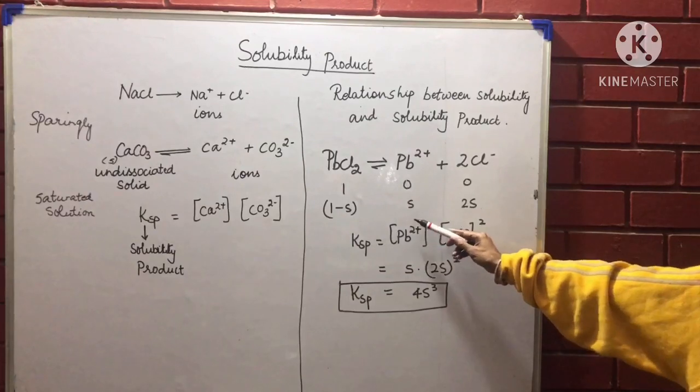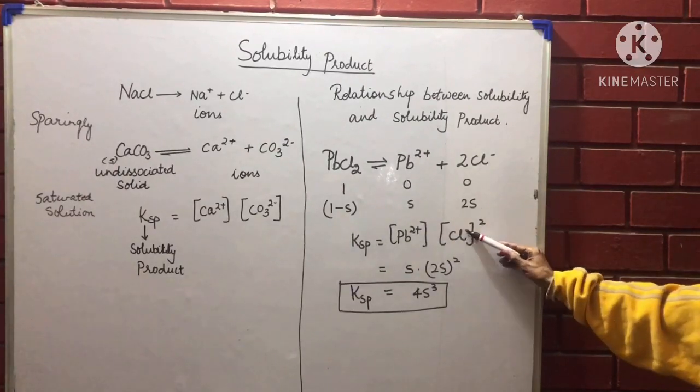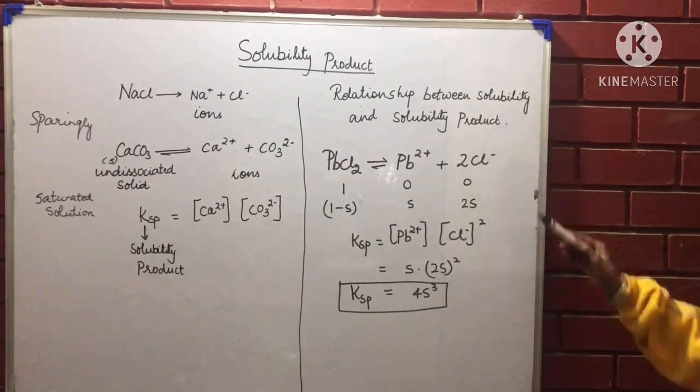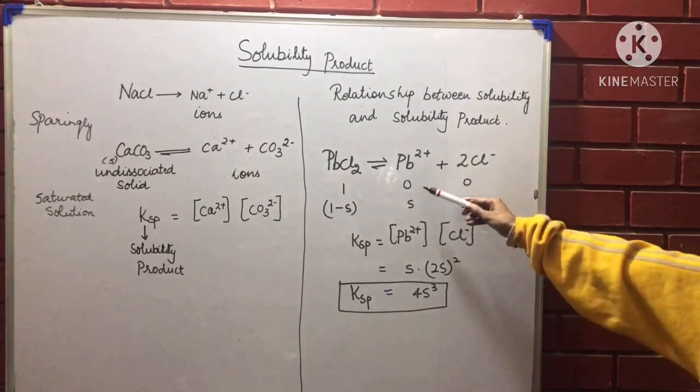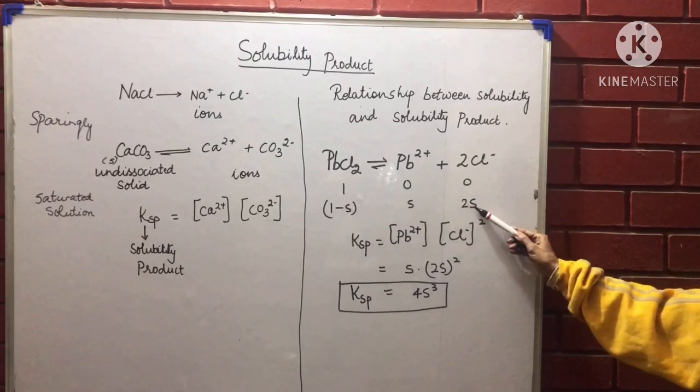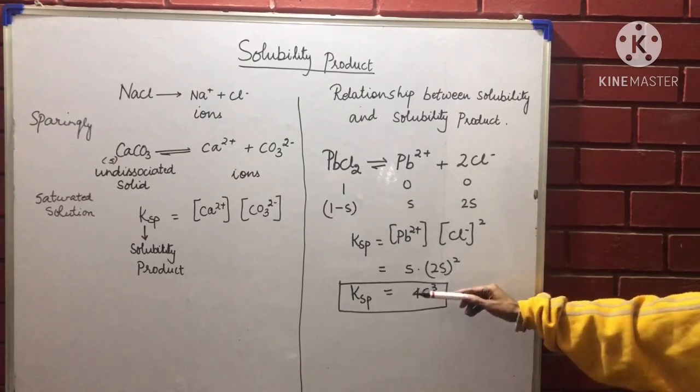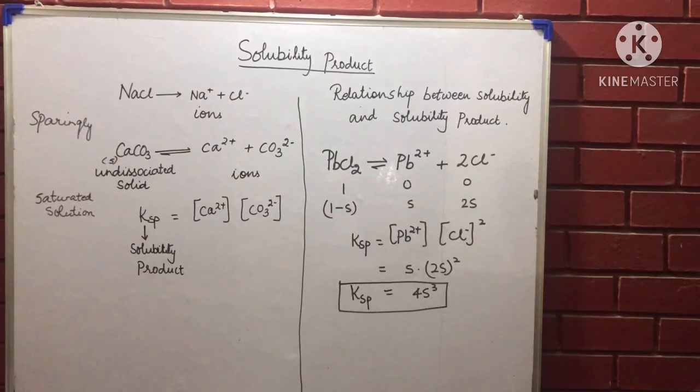And Ksp is equal to lead ions into Cl- ions square because this 2 goes into the power. Now substituting these values, S here, 2S here, 2S square, Ksp becomes 4S cube. So the relationship between Ksp and solubility in case of lead chloride is Ksp equal to 4S cube.